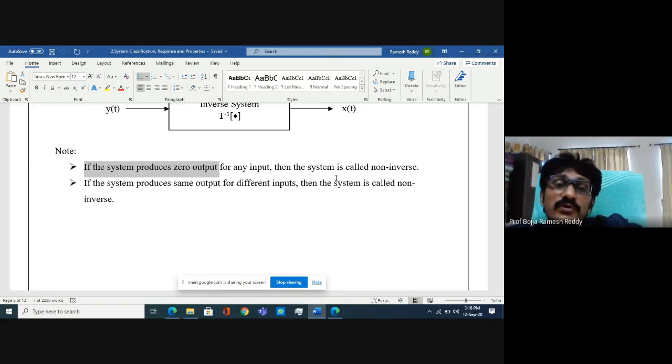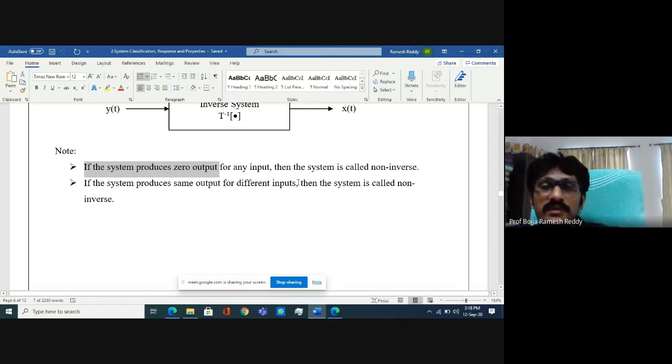If the output is zero, how do we recover the input using some other system? We would have to apply that zero to some other system. It is very difficult to retrieve the original input because the output is zero. Once the output is zero, we cannot design an inverse system. That is one important condition.